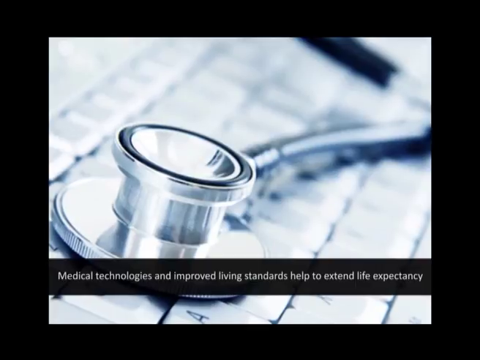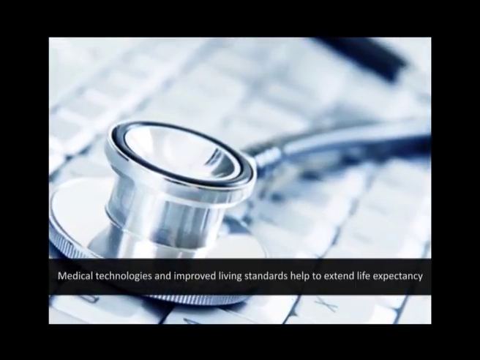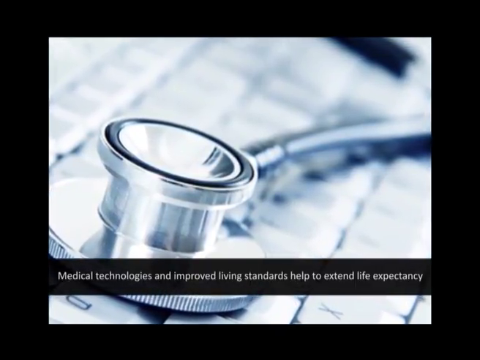Students, remember I told you that industrialization does not restrict to agriculture and handicrafts. It also serves the medical field as well. New medical technologies and improved living standards help to extend life expectancy. By now, you would have realized that the division of labor becomes complex with the availability of specialized jobs.